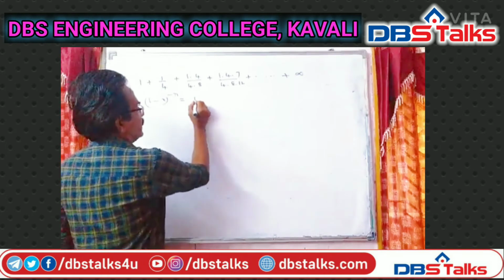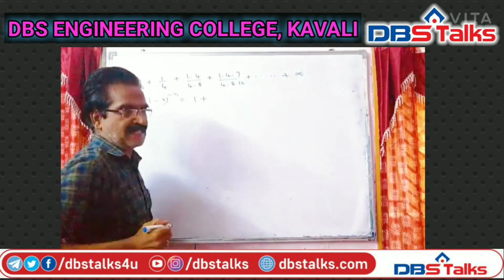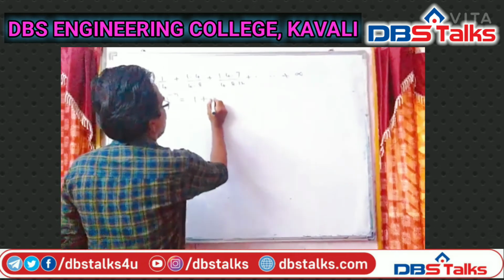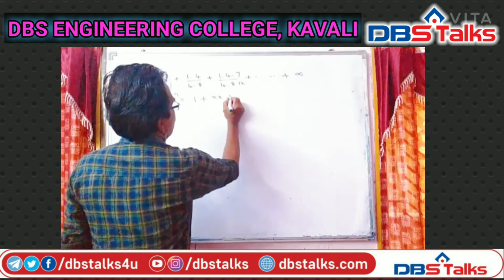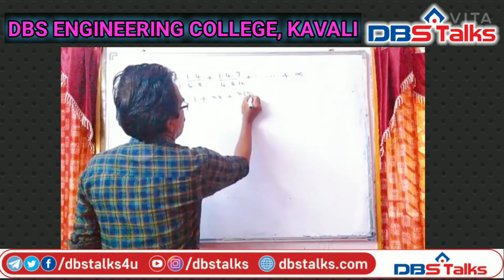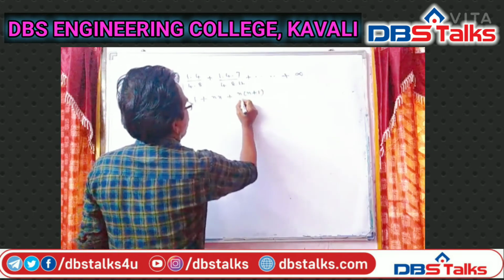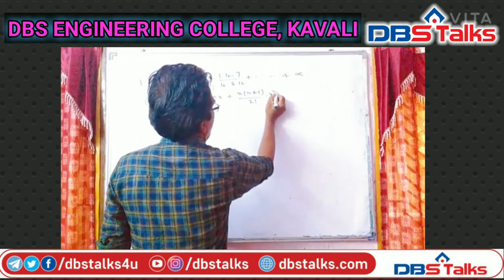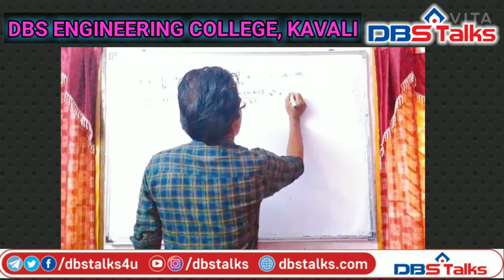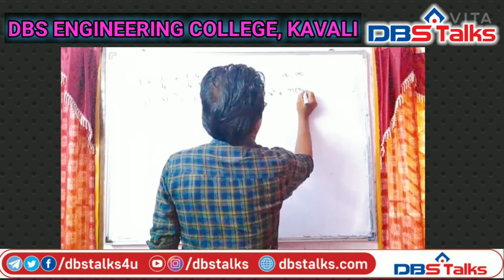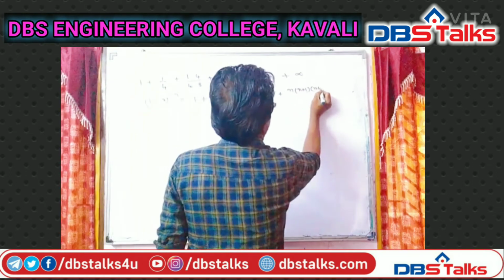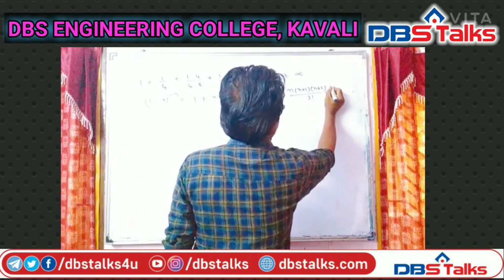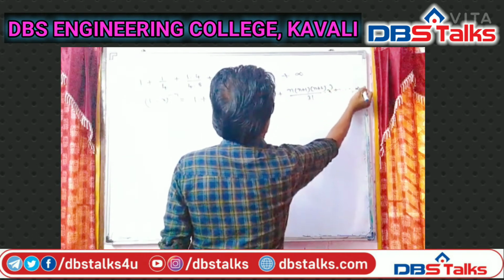It is 1 plus nx plus n into n plus 1 by 2 factorial into x square plus n into n plus 1 into n plus 2 by 3 factorial into x cube plus so on up to infinity.